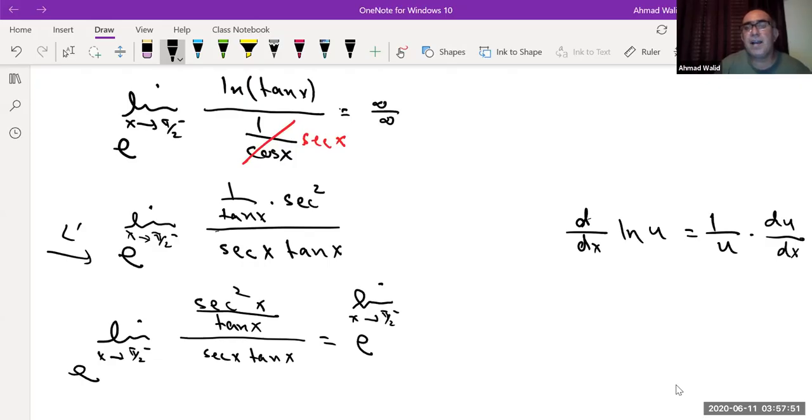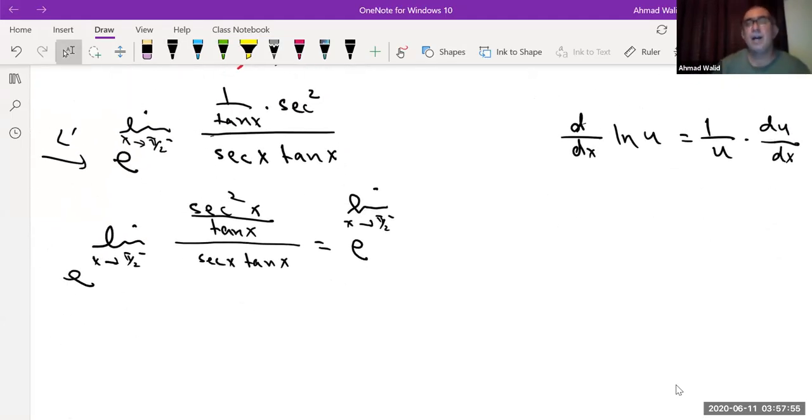To simplify more, you can write e to the limit as x approaches pi over 2 from the left. Now to simplify, I will do it in this corner of my board. Each one of you can simplify this fraction, but still I will do it here for you. You have secant squared over tan x.